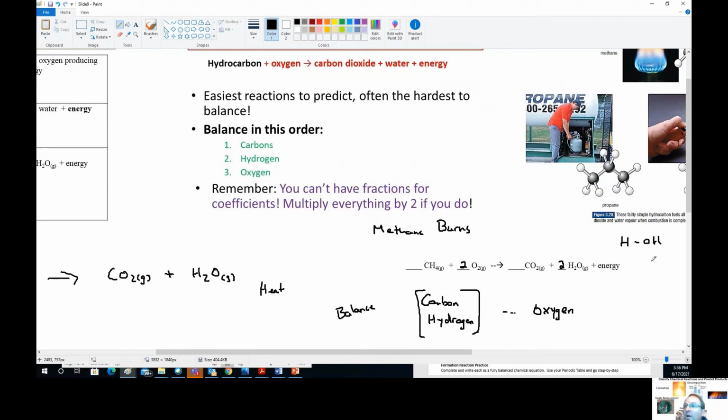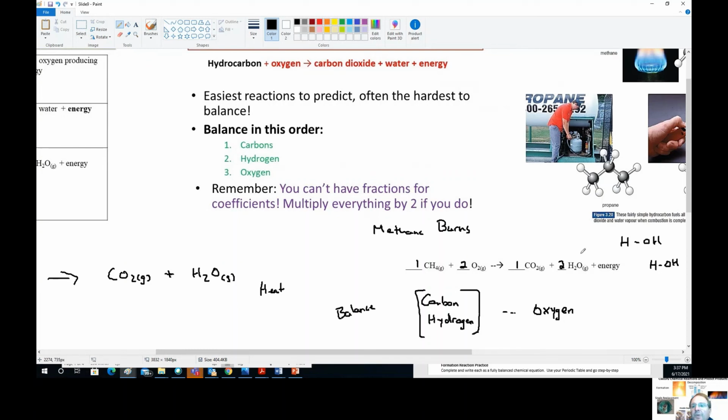There's 1 water molecule, there's another, so we've got 2 oxygen atoms there in total. So yeah, 4. This all balances off. 1 mole of methane and 2 moles of oxygen gas are going to release 1 mole of CO2 and 2 moles of water vapor, plus a whole lot of energy.